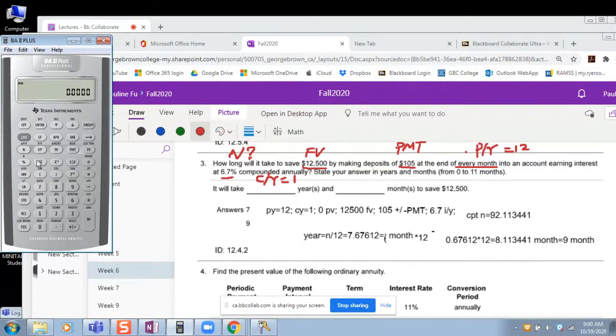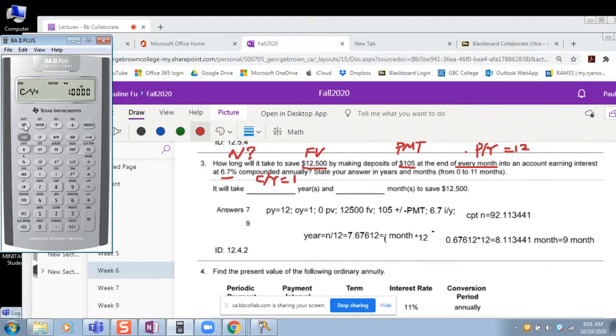And then second, PY, 12, enter. Second allocate, CY is 1, enter.